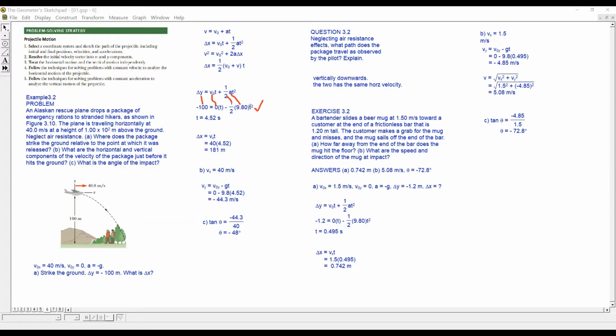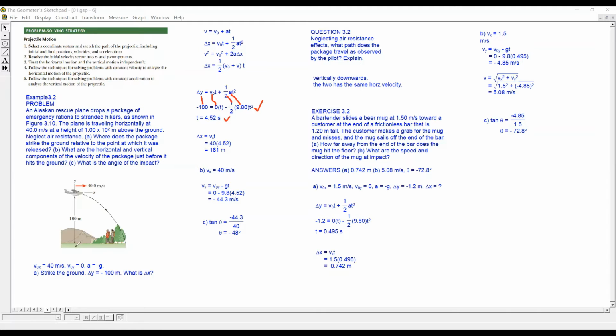So solving this equation, it is not quadratic actually, because this one is 0, no? Because this one is 0, so it is just square root. Square root of 200 divided by 9.8, so it's 4.52. But the time is not what we want to find.